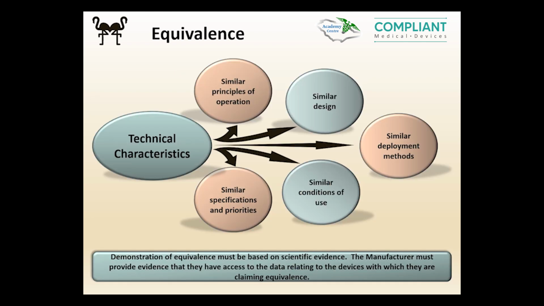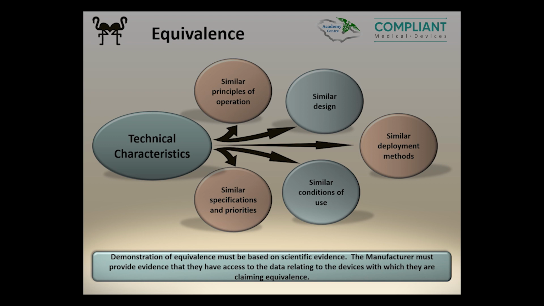When it comes to technical characteristics, the equivalent device must be the same as the device under assessment in the following areas. The device must have similar principles of operation, a similar design, similar deployment method, similar conditions of use, and similar properties and specifications.